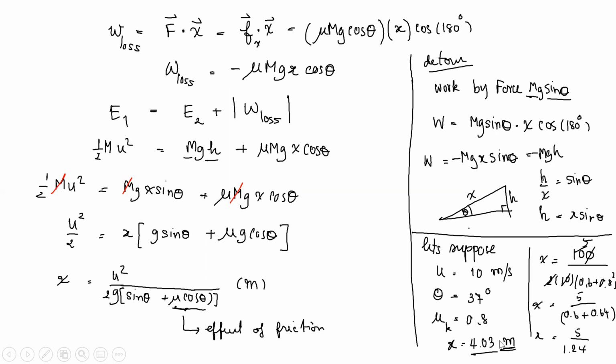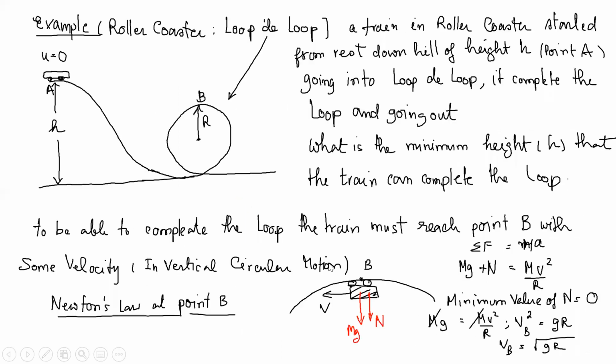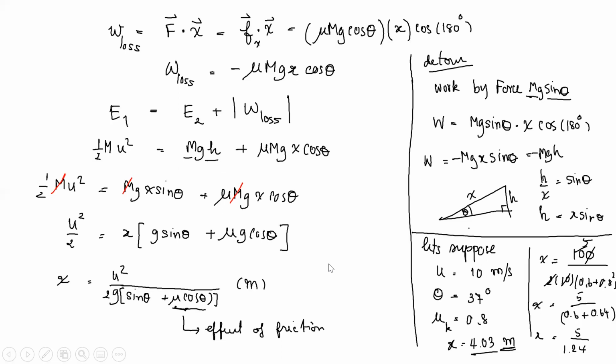We multiply u squared, which is 100, 2g is 20, sine 37 degrees is 0.6, and mu is 0.8 times cosine of 37 degrees, which is also 0.8. Plug in the numbers and you get the result. So this is a somewhat more complex problem.